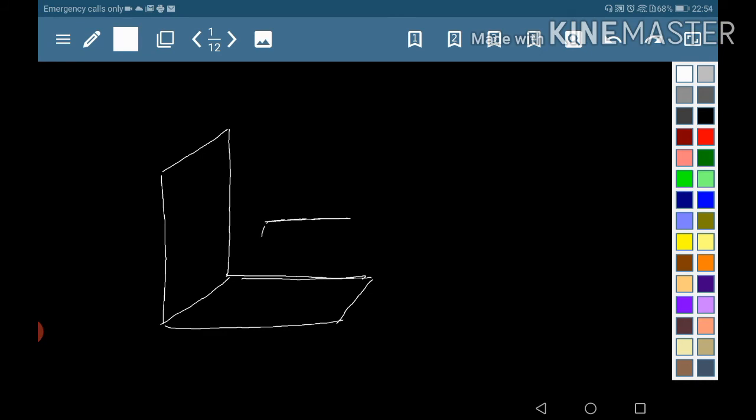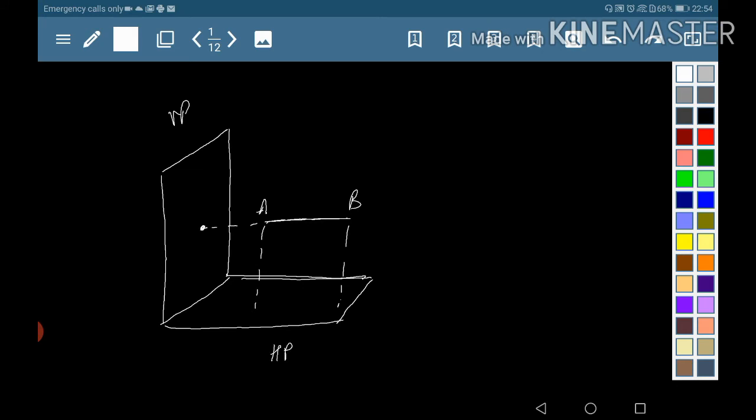Now the distance from HP is the same, but this line is perpendicular to VP. This is a line AB. Now this is parallel to HP, since the two ends are at the same distance from the HP, and the line is perpendicular to VP. So this case is very simple.